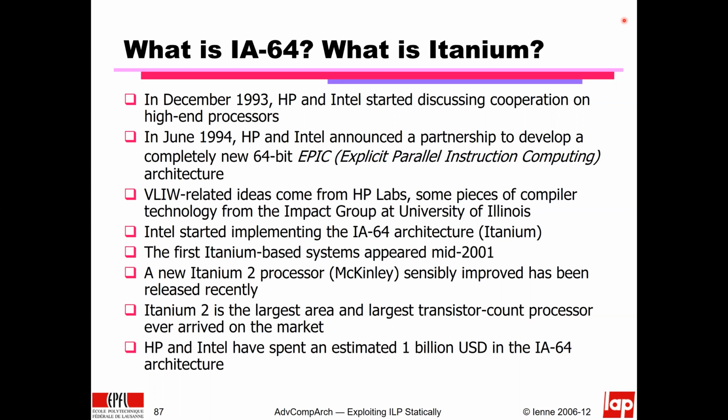The 64 bits that we are going to do is a completely different architecture that is called Itanium and is based on this great idea of explicit parallel instruction computing, or VLIW for the rest of the world. It was a very, very strange decision that took everybody sort of by surprise.